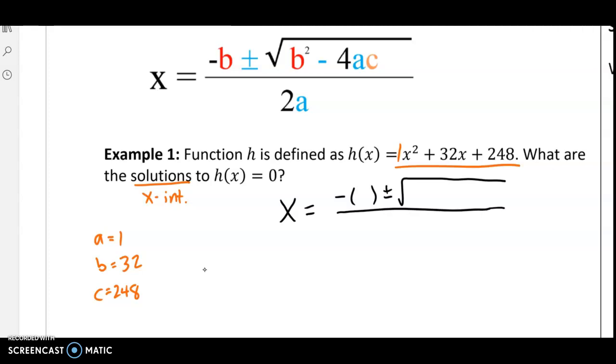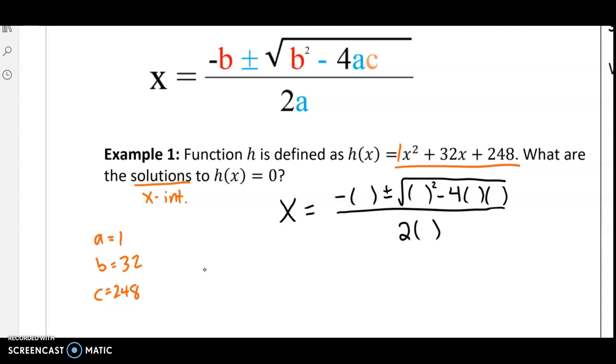And inside the parentheses, we see b squared. So we're going to put a parentheses and then a squared on the outside of the parentheses. That's very important. Minus, and then a 4. And then it says AC. So we have one parentheses for A and the other one for C. And then in the denominator of the fraction, it is 2 times A. So we put parentheses for A.